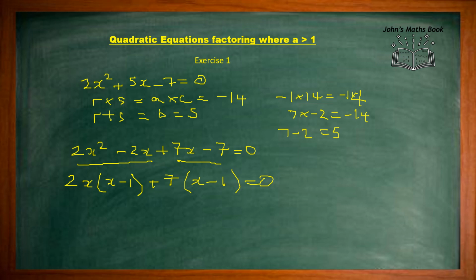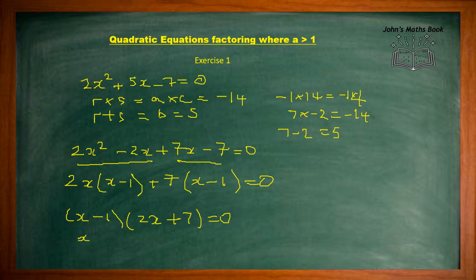So now we have a common term of x minus 1. So let's factorize that whole expression. So we have x minus 1 multiplied by 2x plus 7 equals 0. So now we have two equations that equal 0.